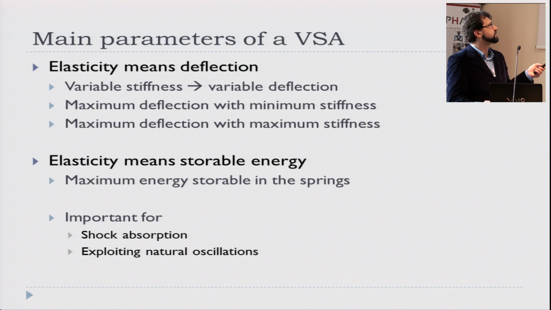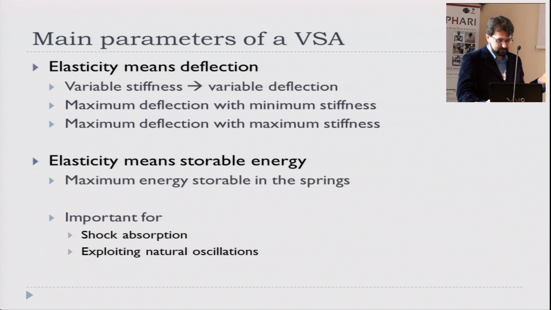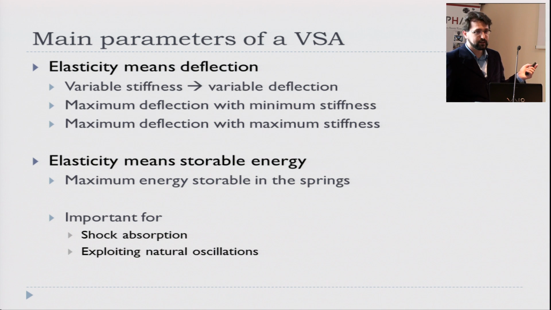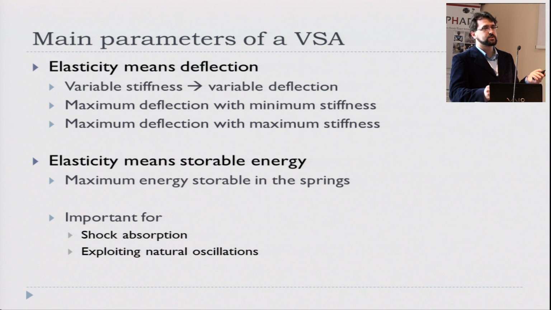For example, with the minimum stiffness, your link can move 30 degrees, while with the maximum stiffness it can move just 2. I don't know, they are just numbers, but they are important because they change how the system physically behaves when you use it on a robot.